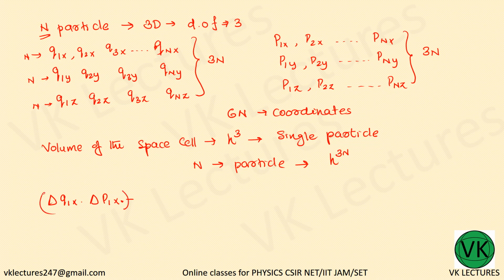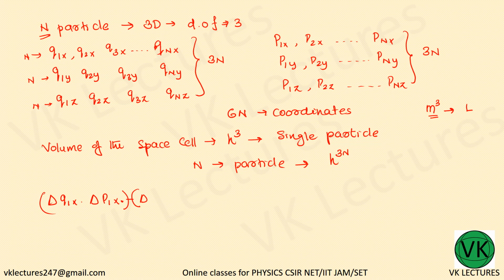This volume is not the volume in general; it does not have the dimension of meter cube or volume of a cell like liter. It is the volume of the phase space cell, which is made up of position and momentum coordinates.